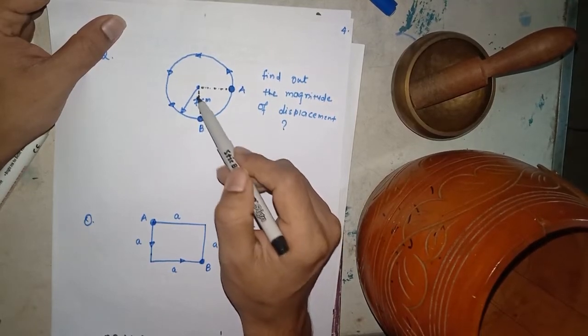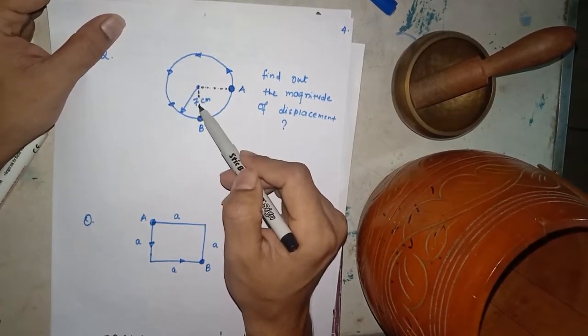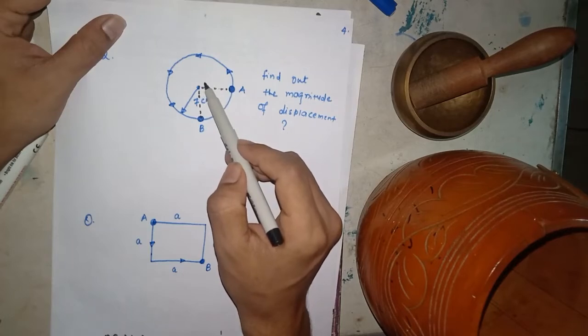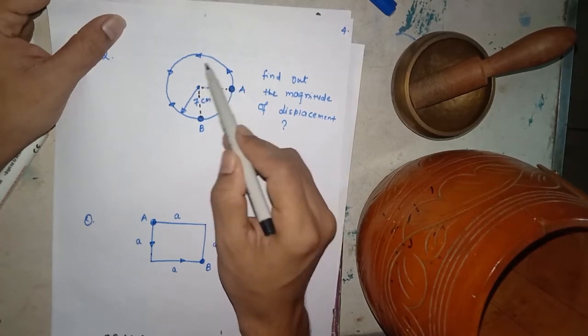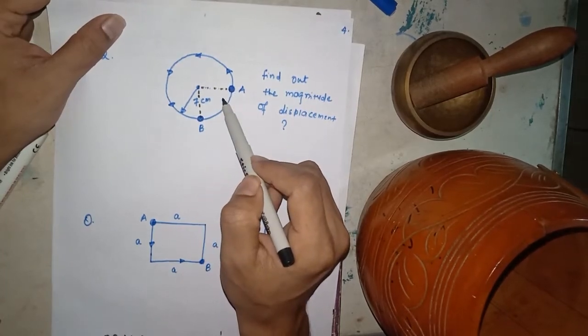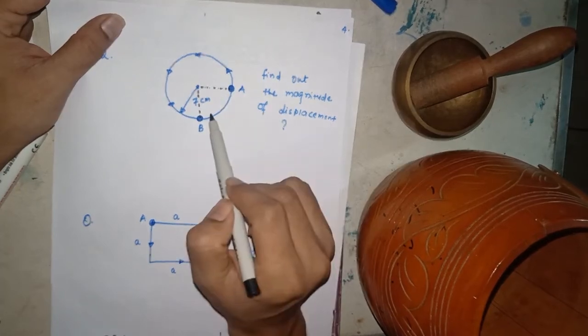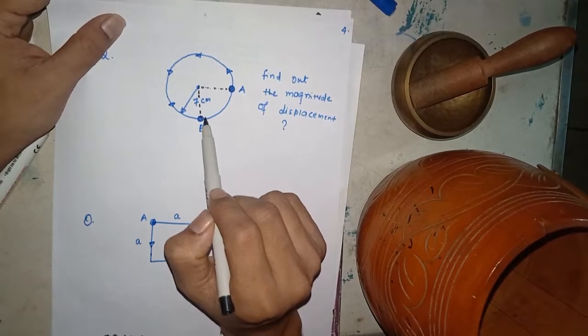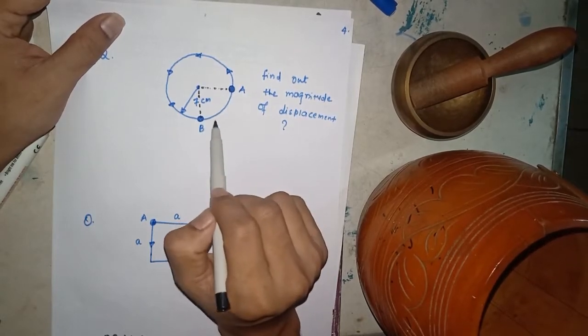And the radius of this circular track is 7 centimeters. Means you cover 1/3 part of this circular track. Have you got my point? So what would be the displacement in this case? And what would be the distance you covered in this case?